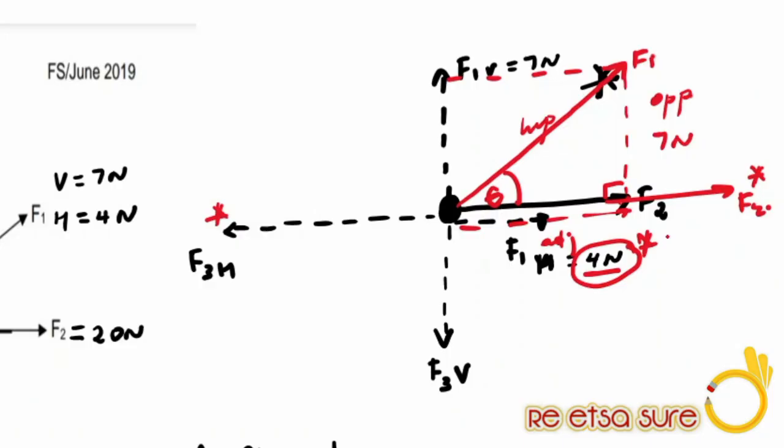And vertically I have 2, this one and this one. So the first step is to determine the resultant of horizontal. And the second step is to determine the resultant for the vertical.